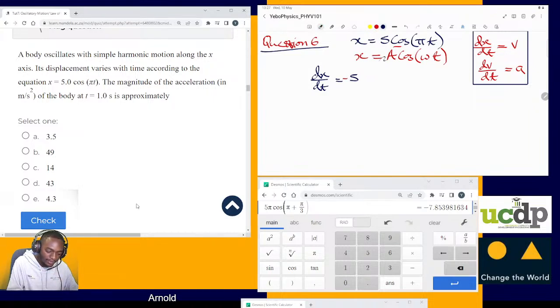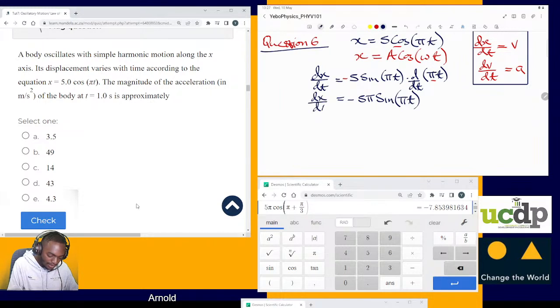So that will be negative sine pi t times d over dt of pi t, and this will be negative 5 pi sine pi t.